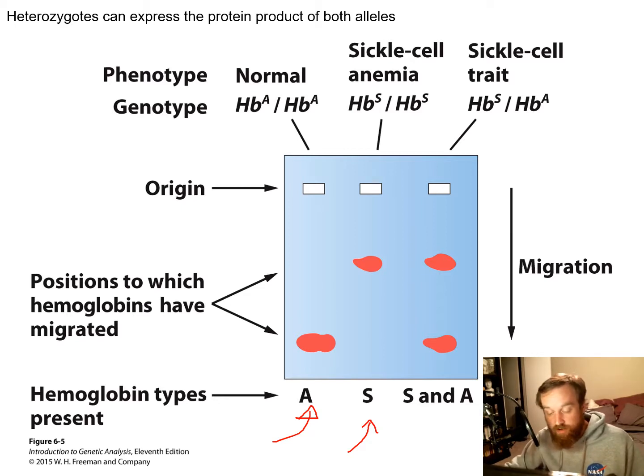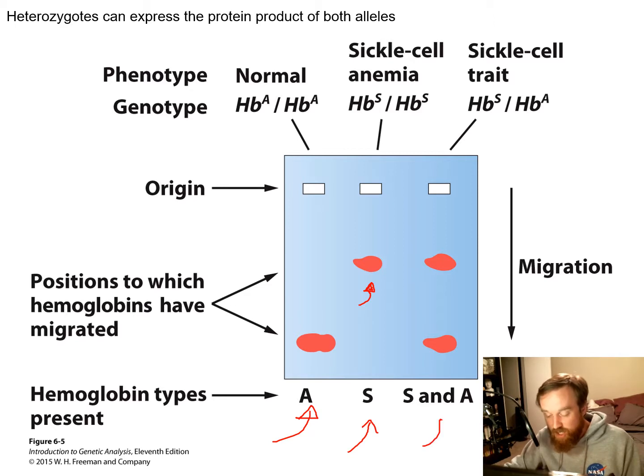So their cells are a lot smaller and a lot more misshapen, and that sickle cell shape, these pointy cells, don't migrate as far in the gel, and so they don't travel as far. And you see that there's only 1 blob in that lane, meaning that they have 2 of the same copy of that allele.